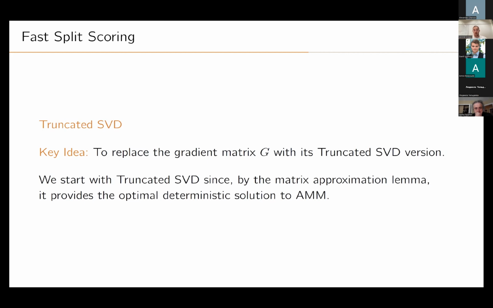But even though truncated SVD works more or less okay, the main problem with this method is its computational complexity. You probably know that if we want to compute the SVD of matrix G, of size n times d, then the complexity of SVD would be quadratic in d, n times d squared.